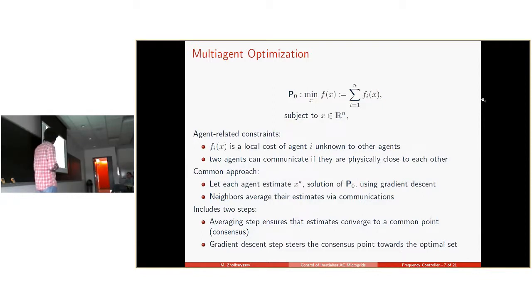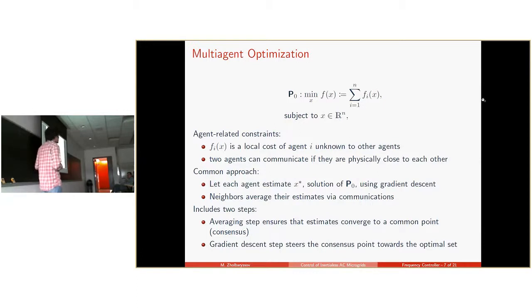Now, one common approach to solve this optimization problem is to let each agent estimate the solution of this problem using, for example, gradient descent, and then neighbors average their estimates via communications. Typically, this approach includes two steps.